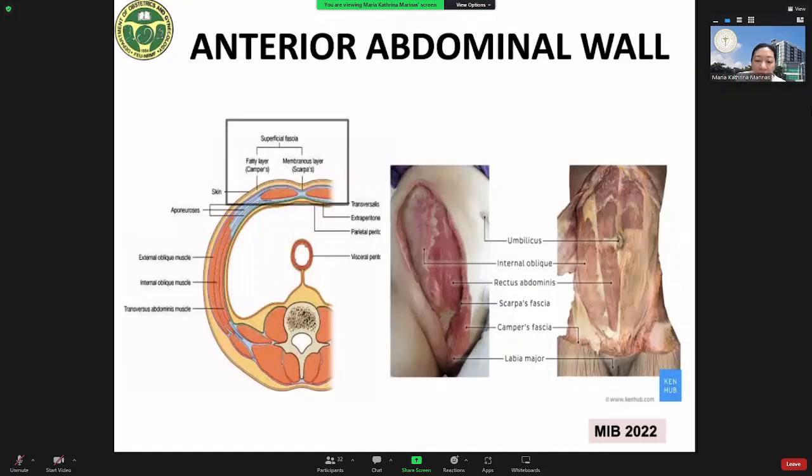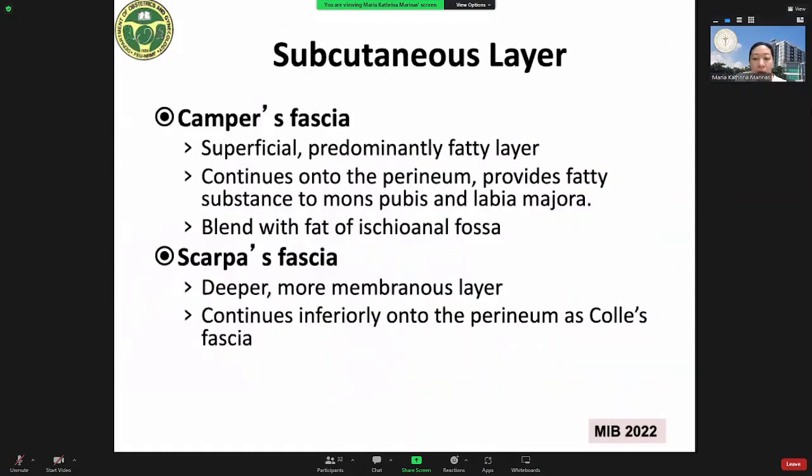The Camper's fascia may be extremely thick, about 3 inches or 8 cm or more in obese patients. The Camper's fascia continues onto the perineum, and this provides fatty substance to the mons pubis and labia majora, while the Scarpa's fascia continues inferiorly onto the perineum as the Colles fascia.